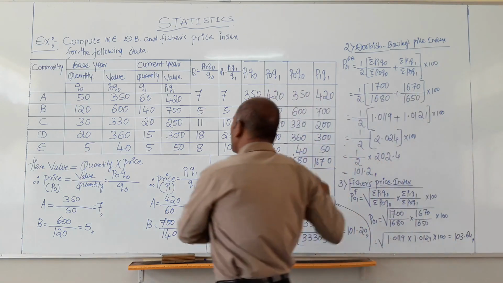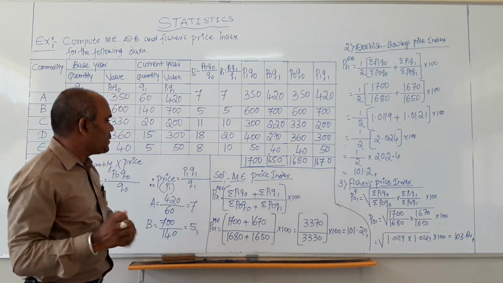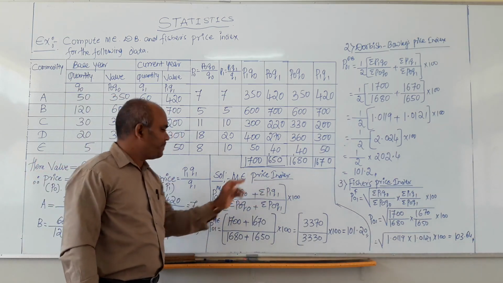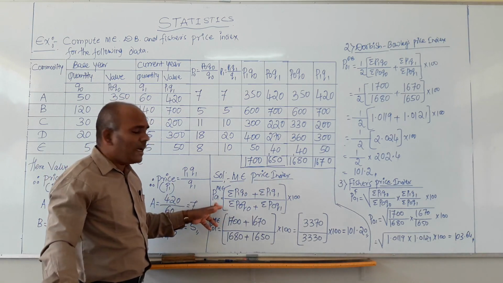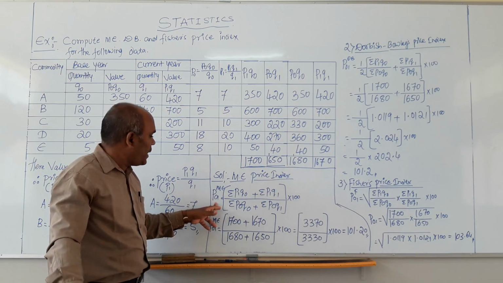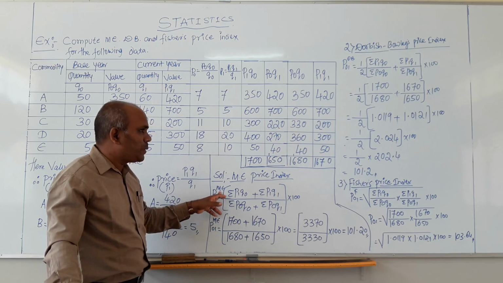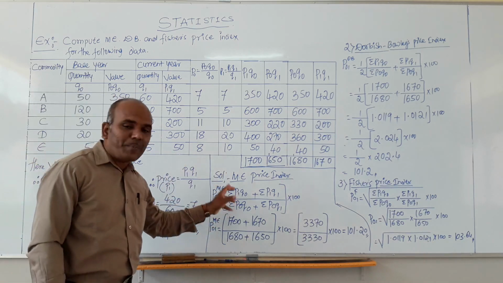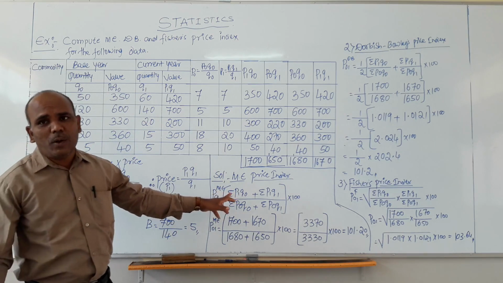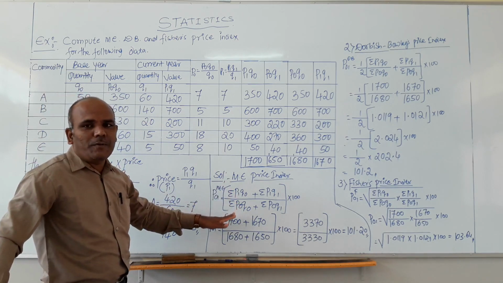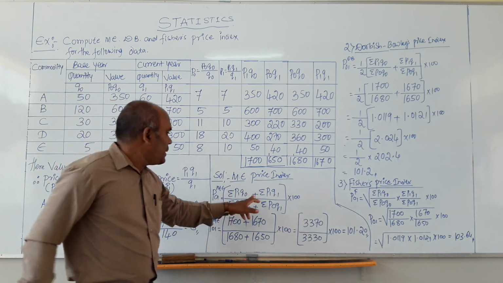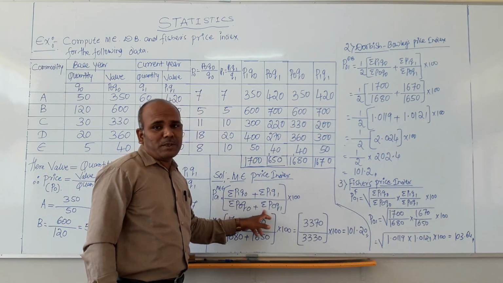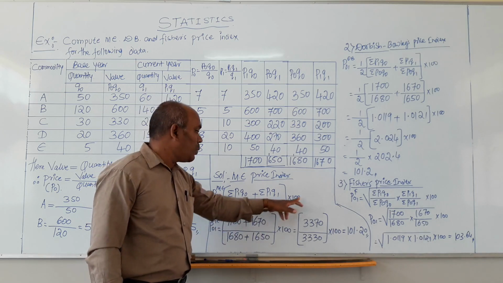So next we will move on to the calculation or construction of Marshall-Edgeworth price index. The formula relating to Marshall-Edgeworth is P01 raised to ME equals open bracket summation of P1 Q0 divided by summation of P0 Q0, plus summation of P1 Q1 divided by summation of P0 Q1, into 100.